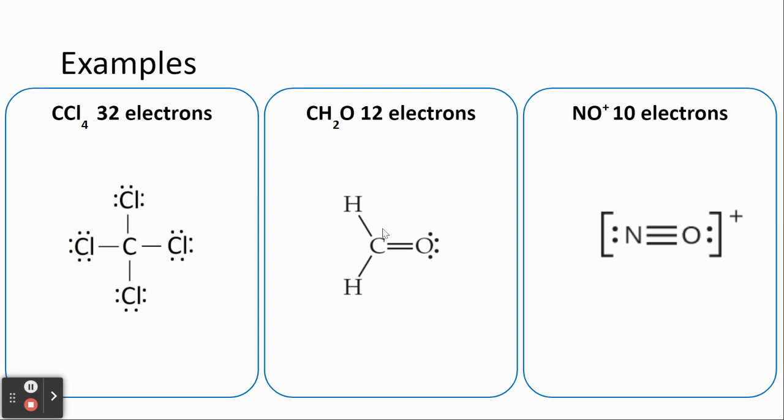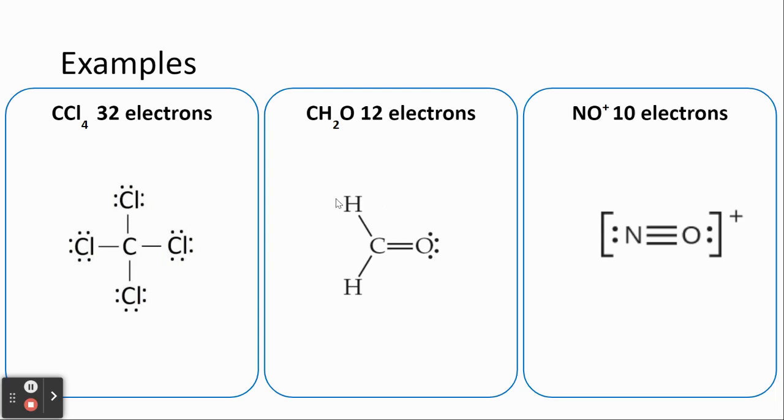But when we count everything up, carbon will not be stable unless we move a lone pair of electrons off of oxygen and make it a bonding pair of electrons between carbon and oxygen, therefore forming a double bond. So we've got 2, 4, 6, 8, 10, 12 electrons in our structure.